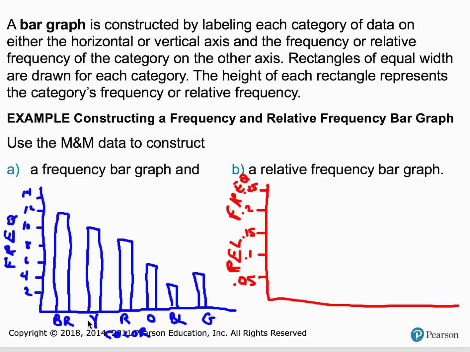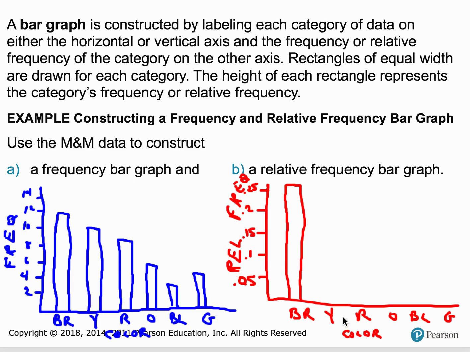Okay, so it would be the exact same thing over here, and we'd put color. Now, I did not make a note of these relative frequencies, so I'm not going to take the time to go back and recalculate every one of those, but it'd be the exact same thing. The only thing is our bar would go up and correspond to the relative frequency, right?